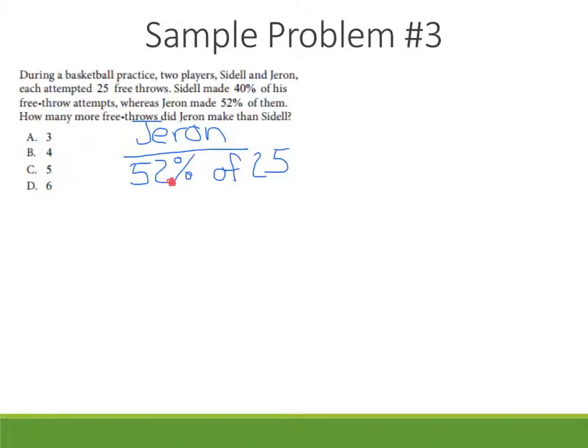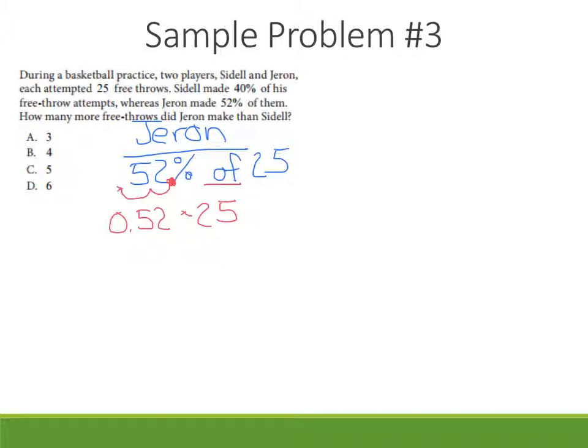We're going to move that in 2 spaces to go from percent to decimal. So now we have 0.52 of, when we're dealing with percents, means times, 25. So 52% of 25 is going to look like 0.52 times 25.